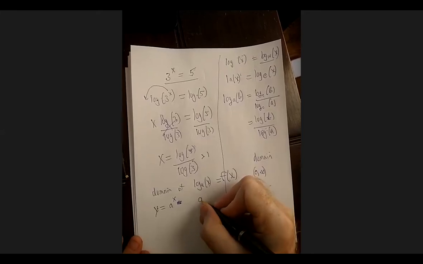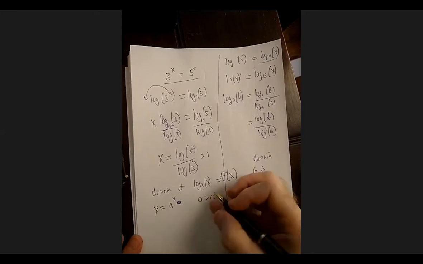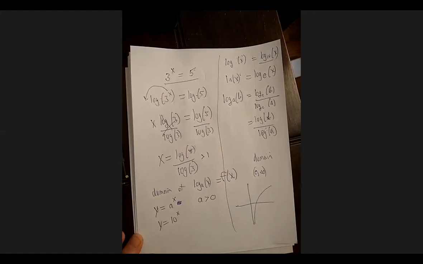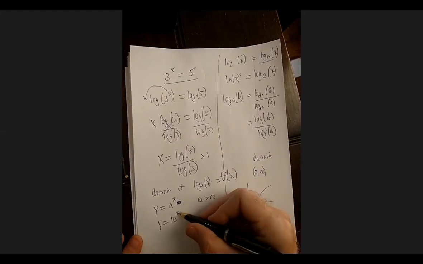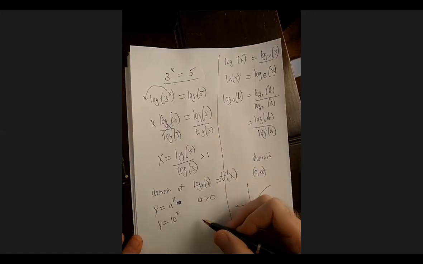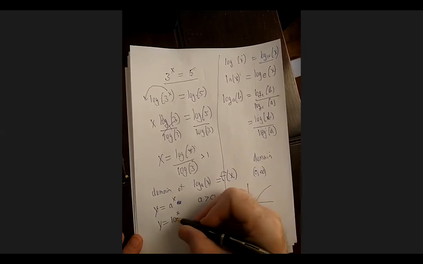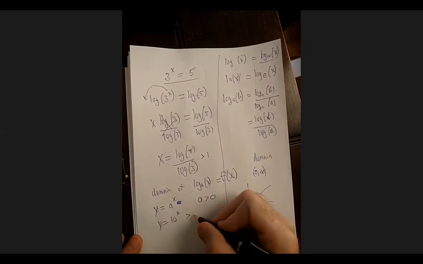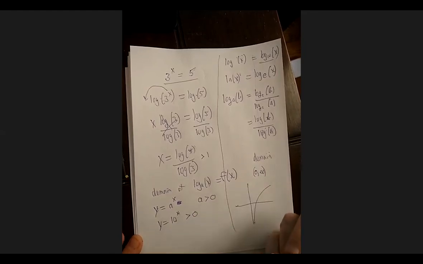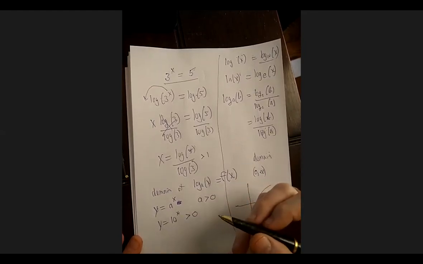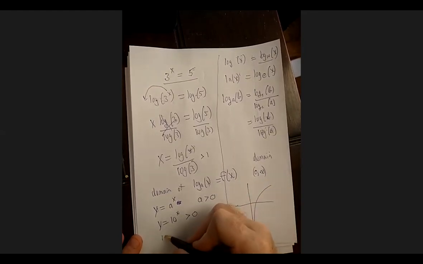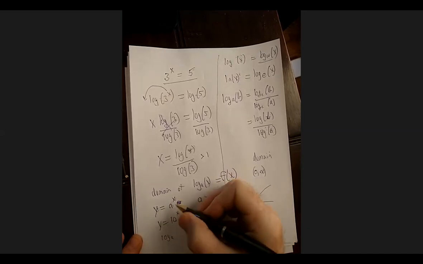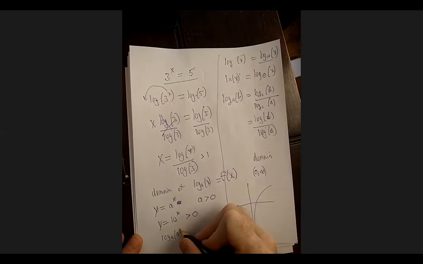And we specify that that number base is going to be greater than 0. So let's use 10 as an example. Now notice if I multiply 10 by itself, it has to be positive. There's no way to multiply 10 by itself and get a negative number. So this always has to be greater than 0. And then notice when I undo this function, if I take the log of this, it would look like that.